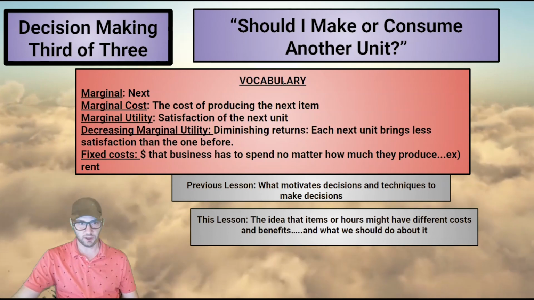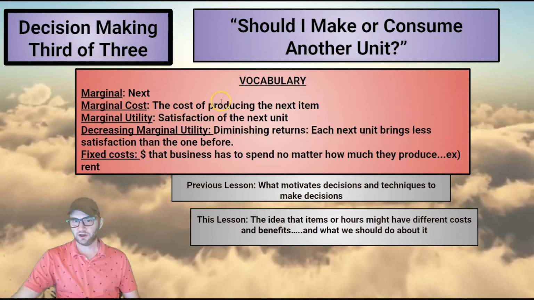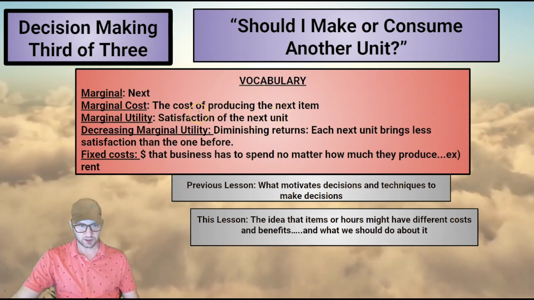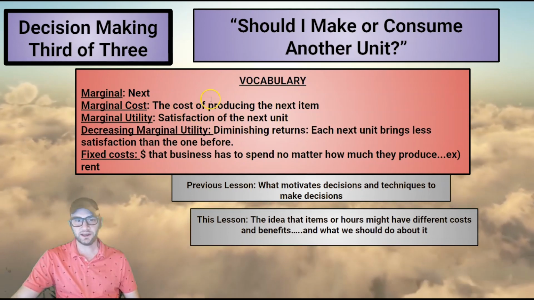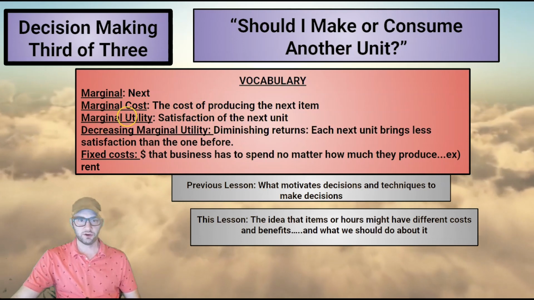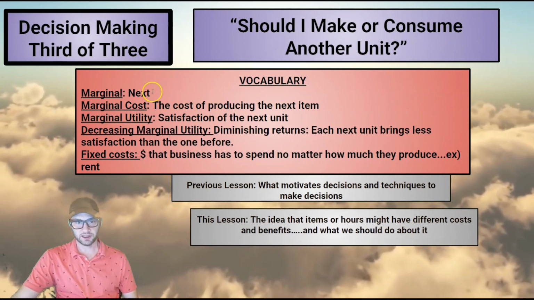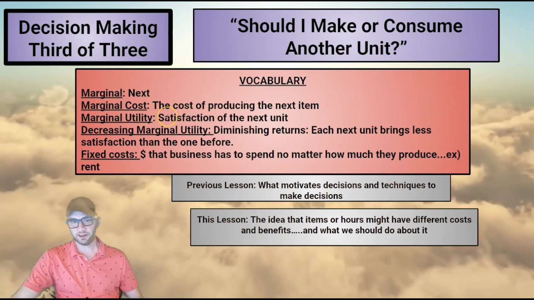What's the next one? For example, marginal cost. What is the cost of producing the next unit? Not what's the cost of producing the first, second, or third, but now I'm at a new point in time. What's the next unit? Marginal utility combines a couple words we already know. Marginal is next, and utility is satisfaction. So what is the marginal utility of the next unit?